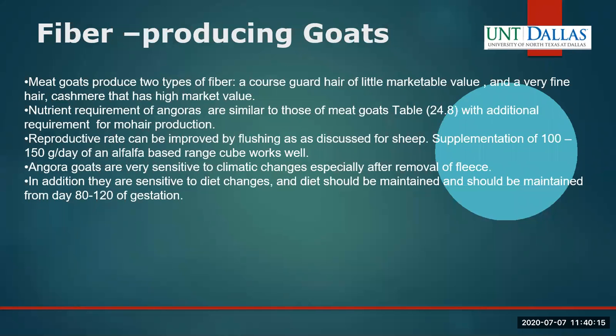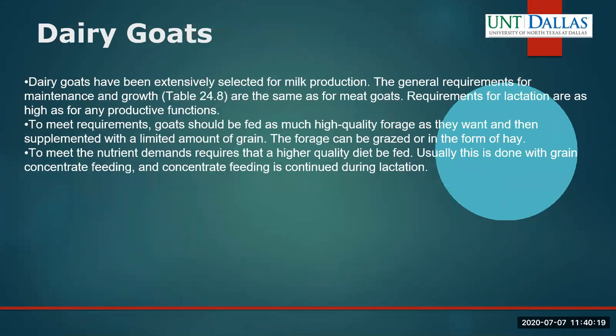So moving to the fiber producing and dairy goats. Dairy goats have been extensively selected for milk production. The general requirements for maintenance and growth are the same as for meat goats. To meet the requirements, the goats should be fed as much high quality forage as they want and then supplemented with a limited amount of grain.